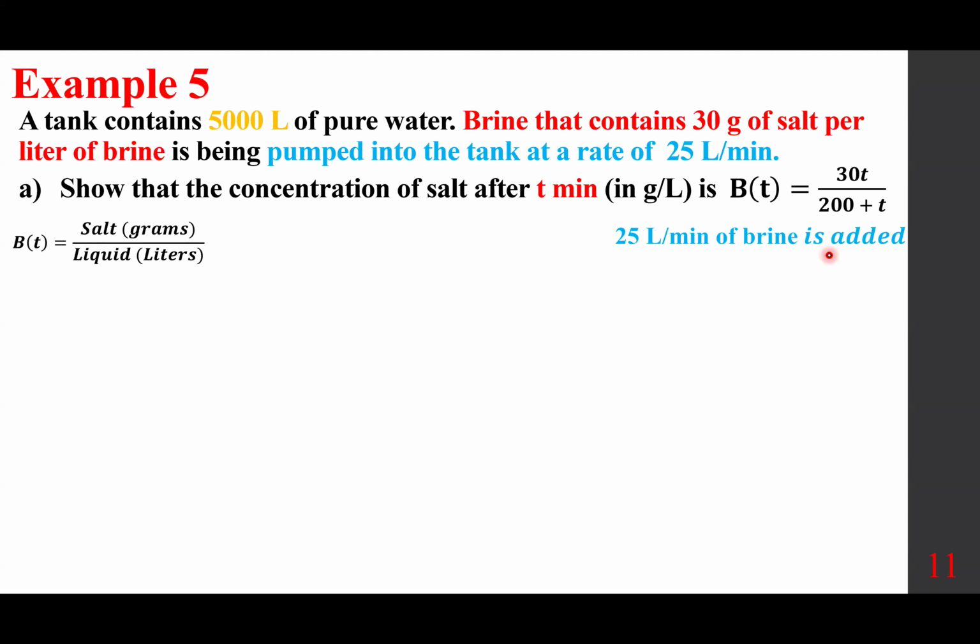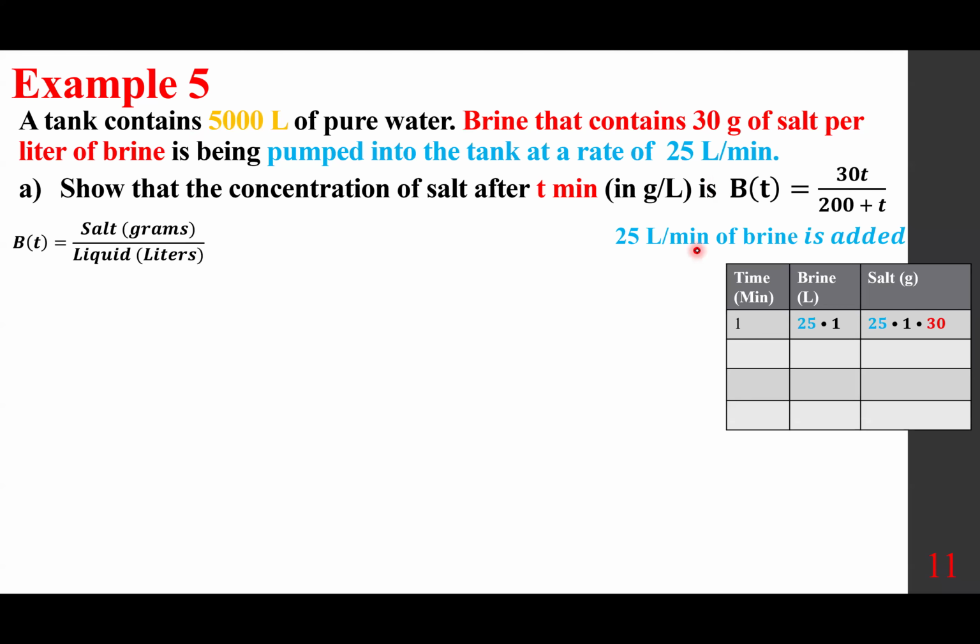To understand what's happening, I want to make up a table with the time, the amount of brine, salt, and so forth. Just for the sake of argument, for 1 minute, that means we are adding 25 liters of brine. And if each liter has 30 grams, we are adding 25 times 1 times 30 grams of salt.